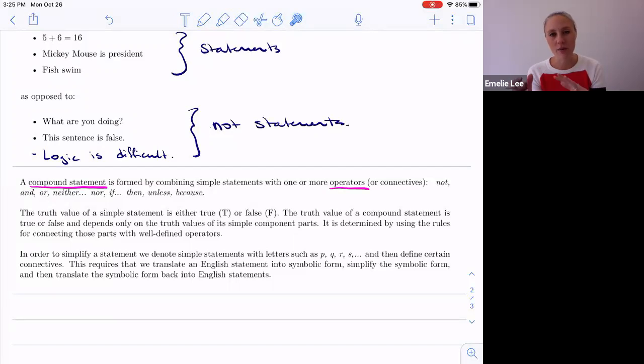It's this back and forth of going from English to symbols and back to English that can be really tricky. So we're building up to that throughout the week. Not immediately, we're going to start nice and slow.